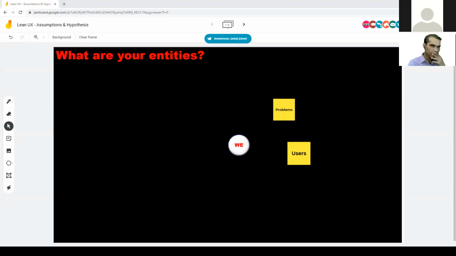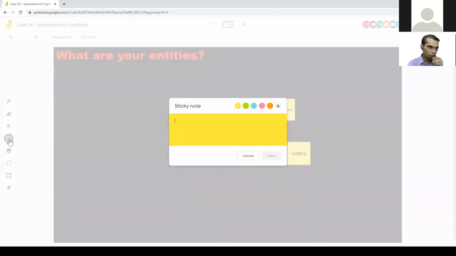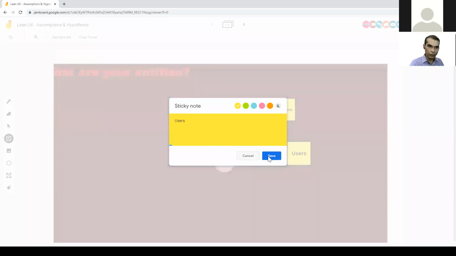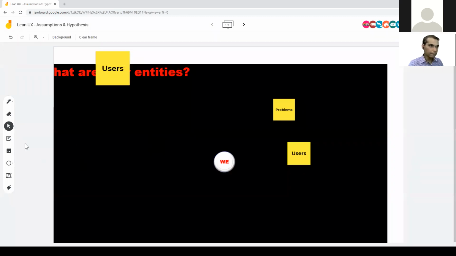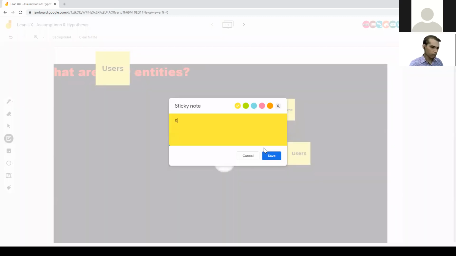It's opening, Shekhar, Anand. Yeah, so I guess some people have already been there. What the ask is, if people who are online can just use these sticky notes and put up whatever entities you can think of. Users, solutions, right?